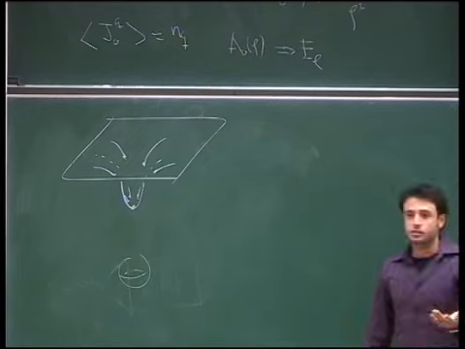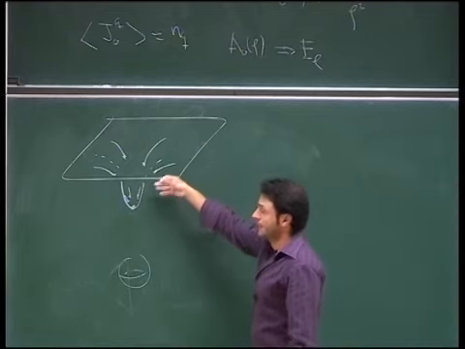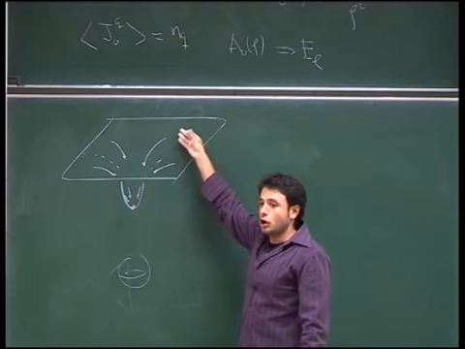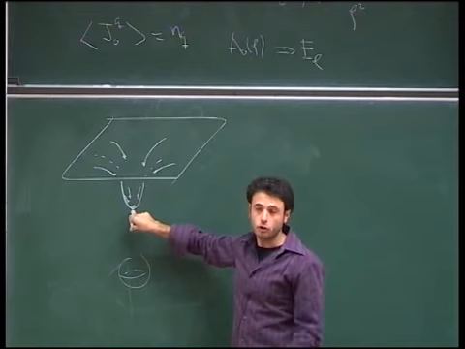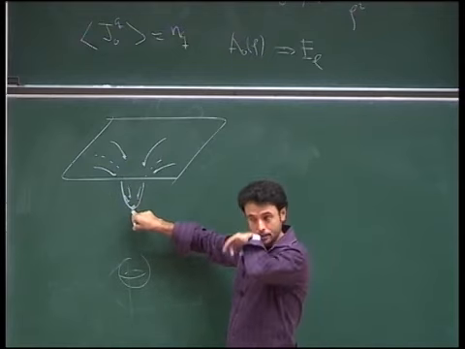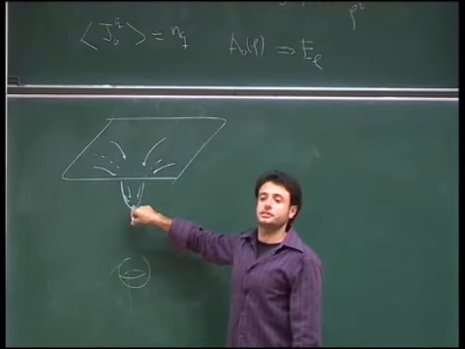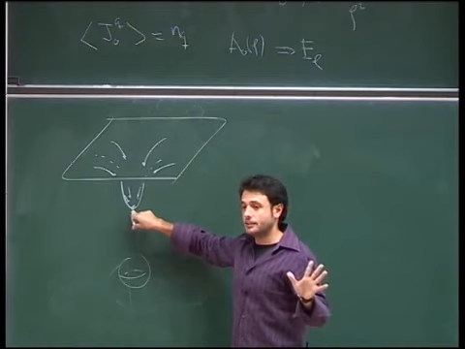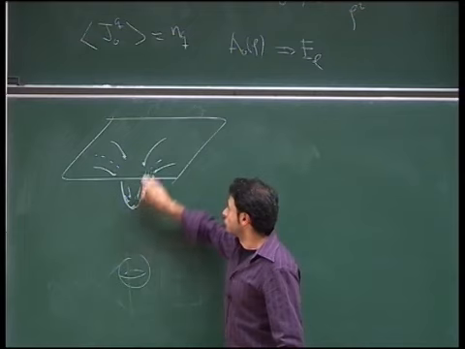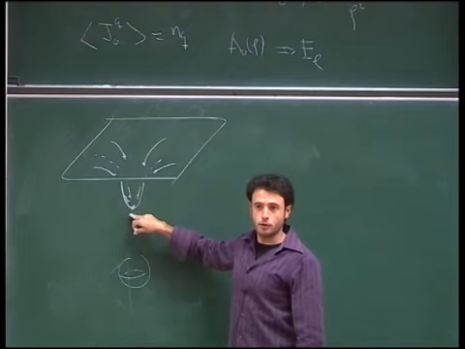Or in other words, the only way to turn on a radial electric field on this topology is to introduce a source or a sink for the electric field at the tip of the branes. If you don't do that, then this is not an allowed configuration. It's not a solution of the equations of motion.